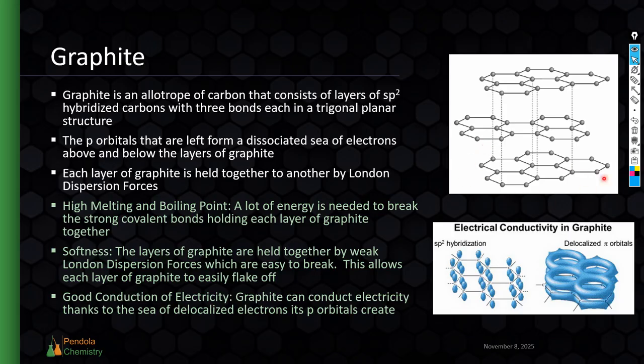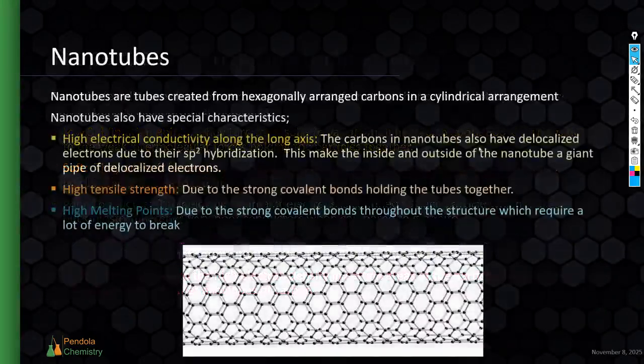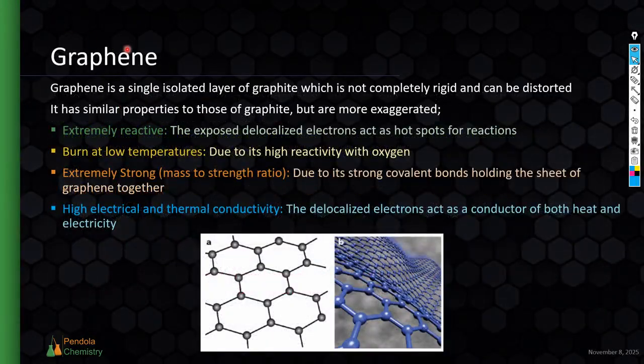Well, graphene is what happens if we isolate one single layer of graphite. If we break off one layer of graphite from the rest of the graphite, we call that singular layer of graphite graphene. It has very similar properties to those of graphite, but they're a lot more exaggerated because there are no other layers of graphite to interfere.